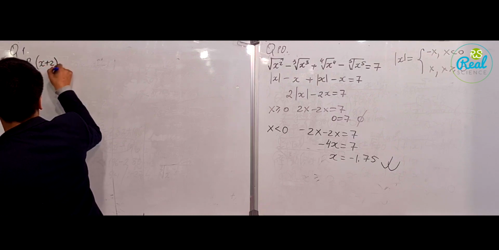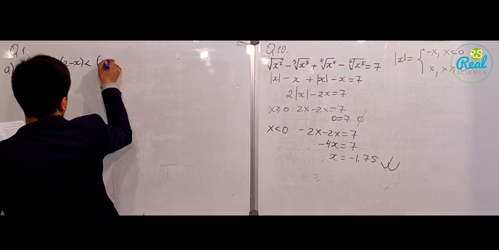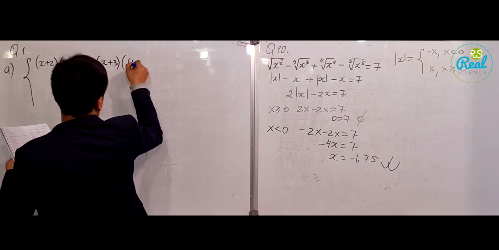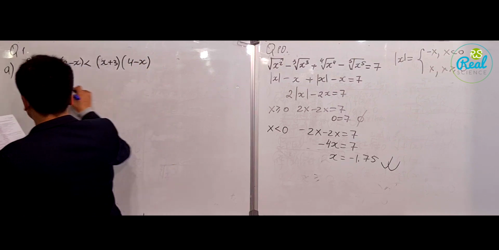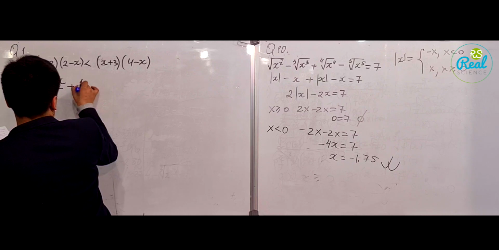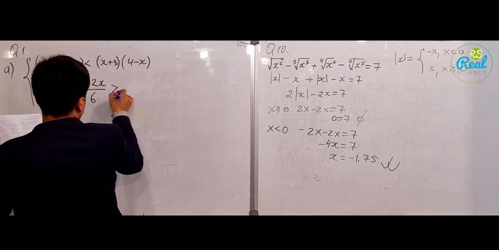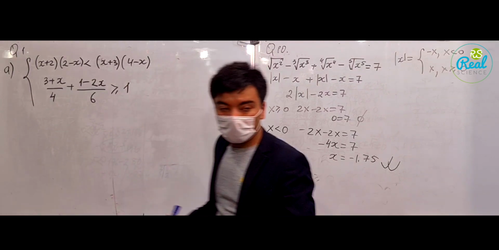X plus 2 times 2 minus x, x plus 3 times 4 minus x, and 3 plus x over 4, 1 minus 2x over 6, greater than 1. Yeah?